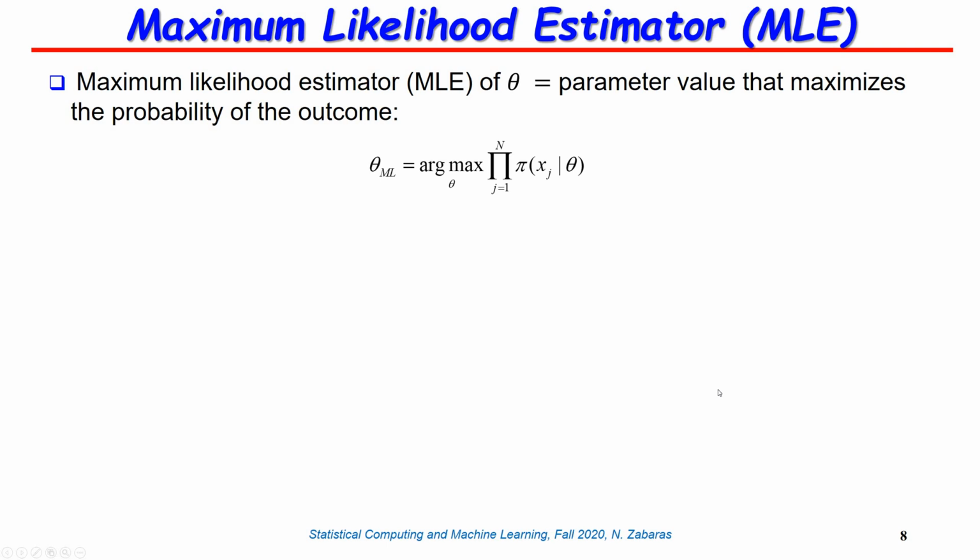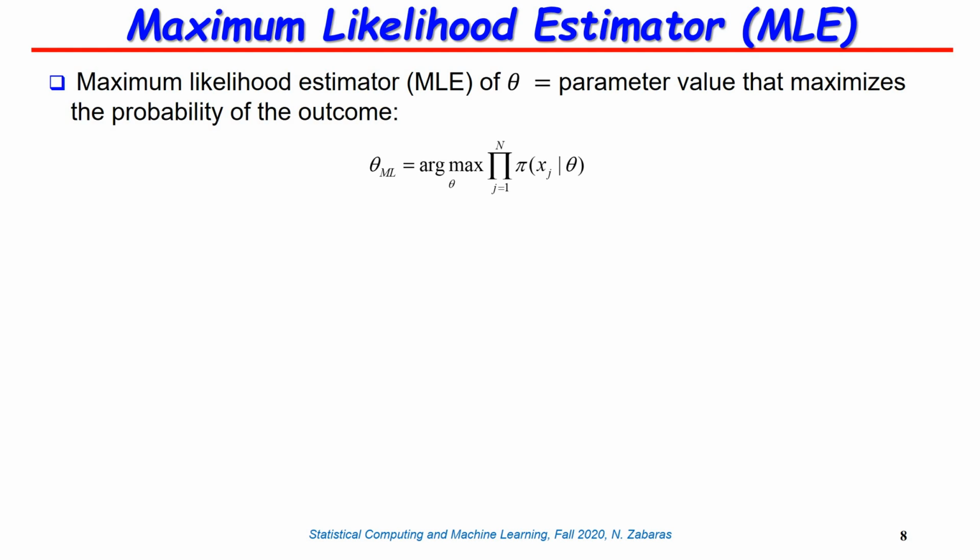Now, often it is more convenient to work with logs. Certainly this is true when you work with Gaussians, because then the exponential can disappear and you can get nice quadratic forms.